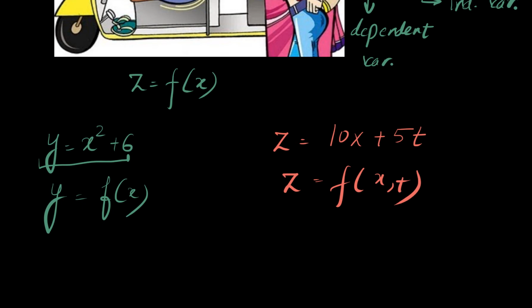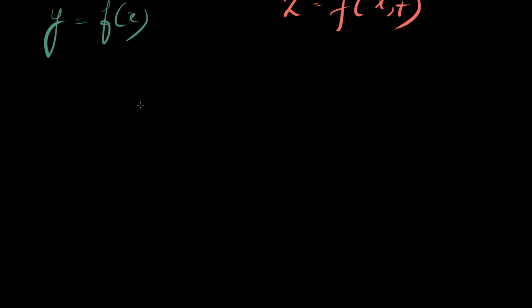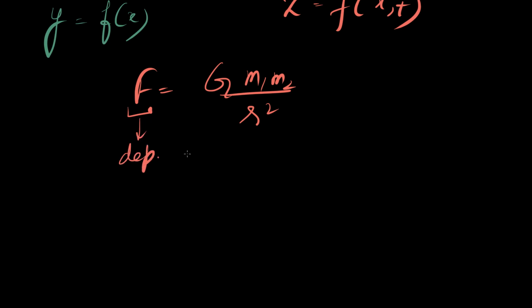I can give you one more such example. For example, the well-known gravitational force. You know that the gravitational force F is equal to G m1 m2 divided by r squared. Here you can say that this force F is a dependent variable, right? And this dependent variable depends upon three variables: the masses of the two bodies and the distance of separation between them.